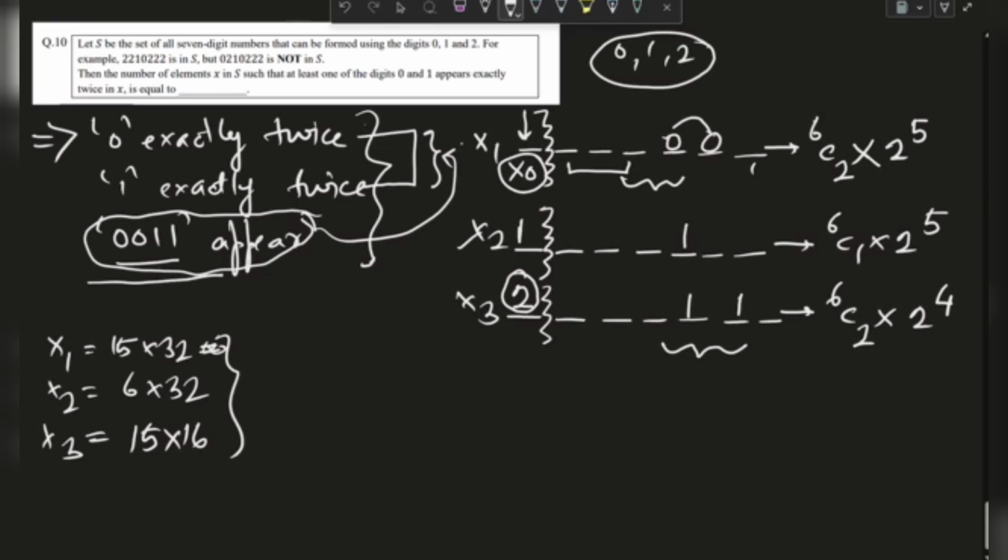Now let's come to this particular case. So for this case, this is actually where the sum gets critical. We will have 7 places. Now if we look into this case carefully, 0, 0, 1, 1 has to appear together. So either there will be 1 or there will be 2 in the starting, like this.